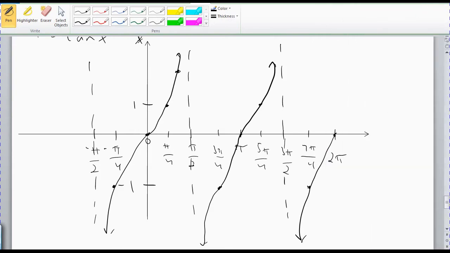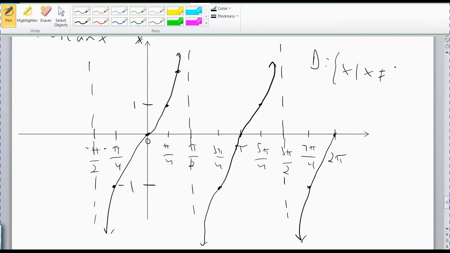And since I do have the asymptote of pi halves, the domain is going to be all x such that x cannot equal, and let's look at this, it's pi halves, that's 1 pi halves, 3 pi halves, it's actually going to be 5 pi halves, but these are all odd pi halves, and that's a negative 1.